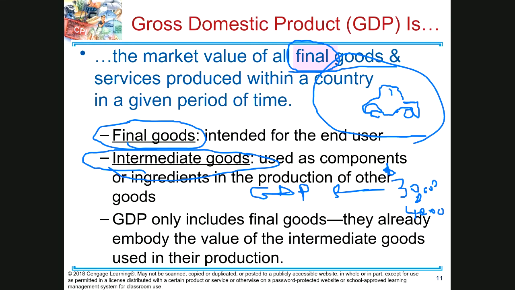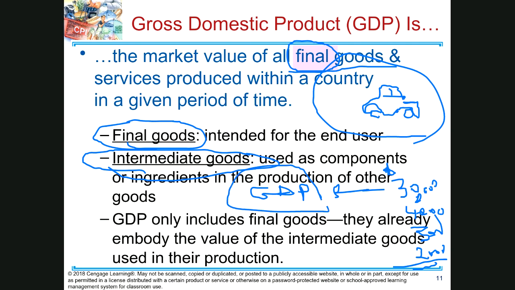Somebody made glass for this car, $3,000. Somebody made an engine for this car, sold to us for $2,000. Now these are expenditures too, but these are intermediate goods that go into the car. They're not the final goods. If we capture all those transactions, then it's going to overvalue the GDP.